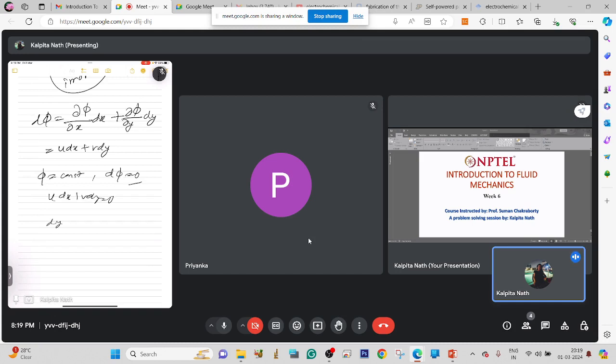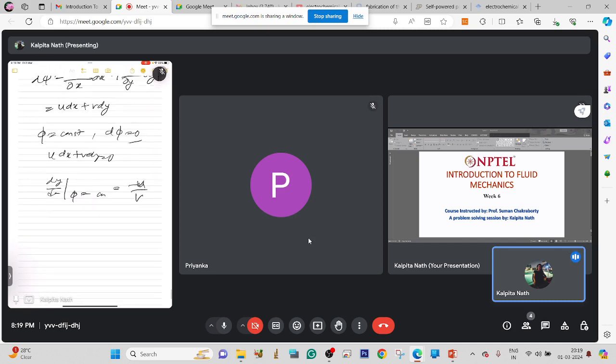That means dy dx at phi equal to constant is equal to minus u by v. If psi is constant, then we already know v dx minus u dy is equal to d psi, so dy dx at psi equal to constant will be v by u.